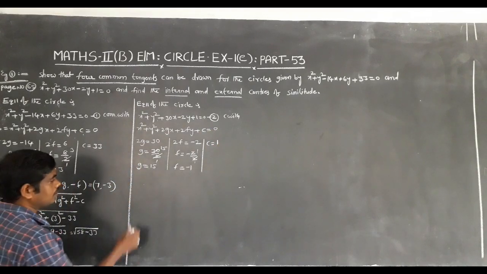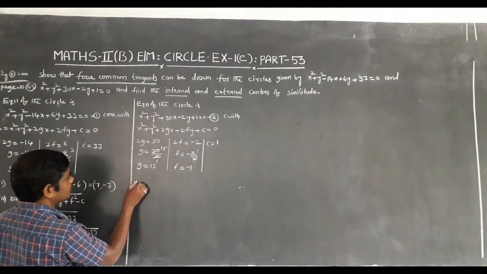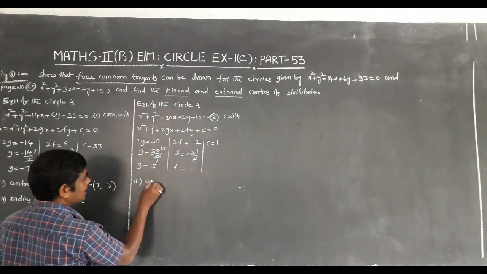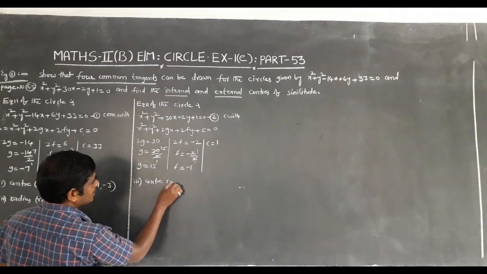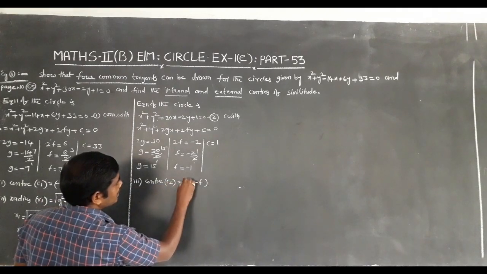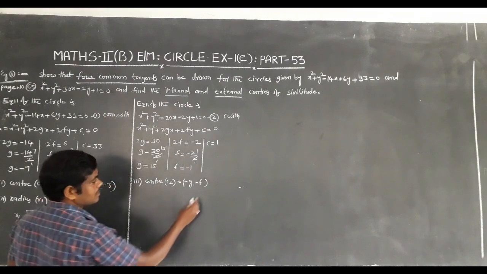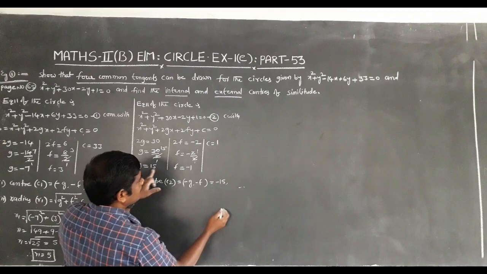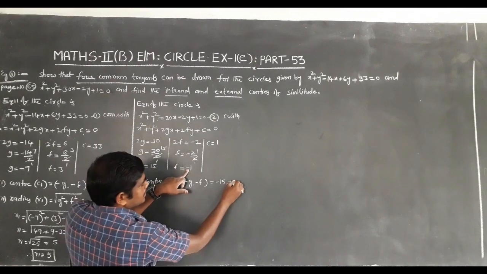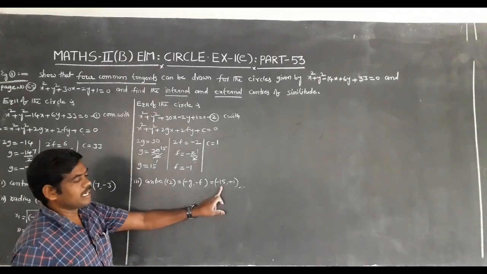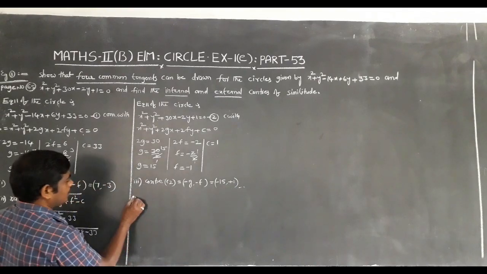The center of the second circle C2 is minus g comma minus f, that is minus 15 comma 1.